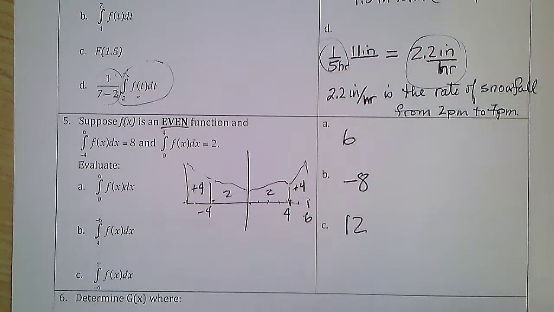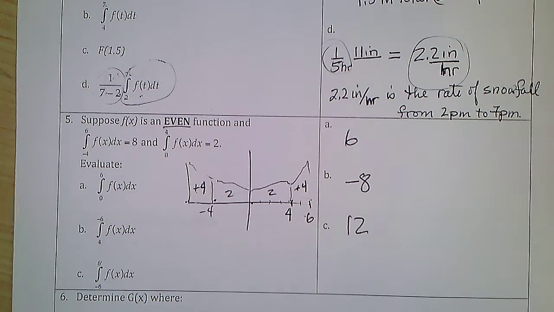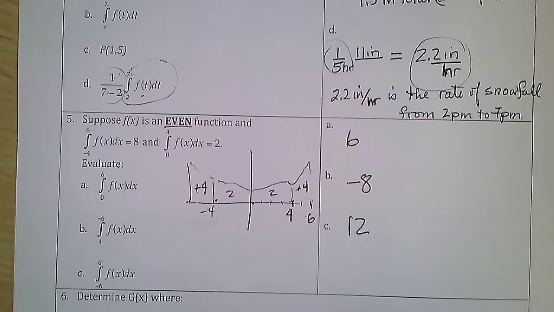And then the derivative of a constant, this is just a constant, so this becomes -0. So there's my answer for g of x.